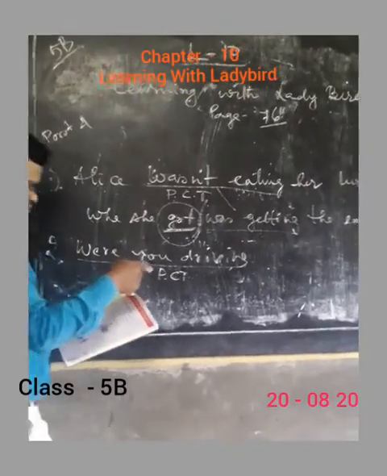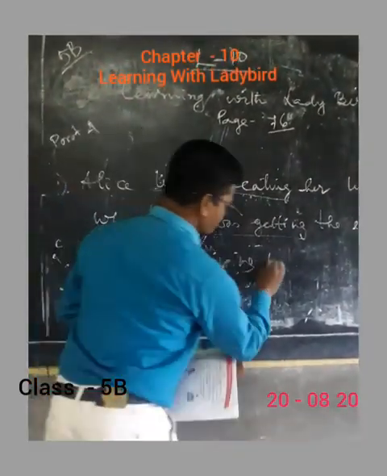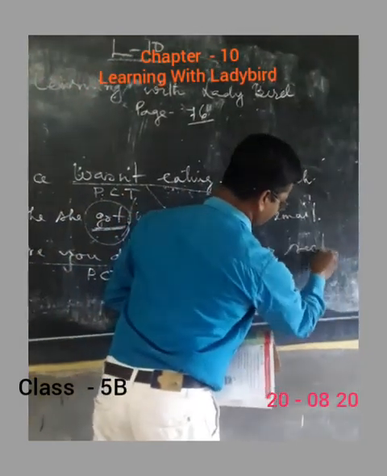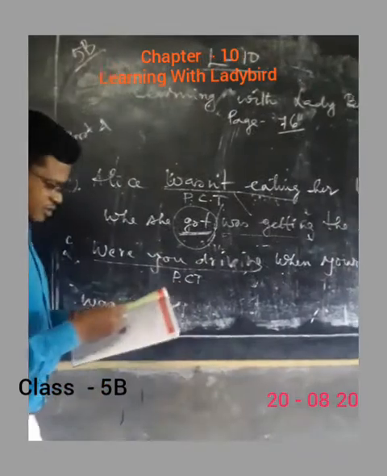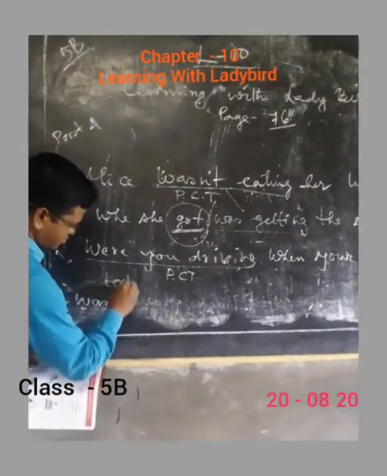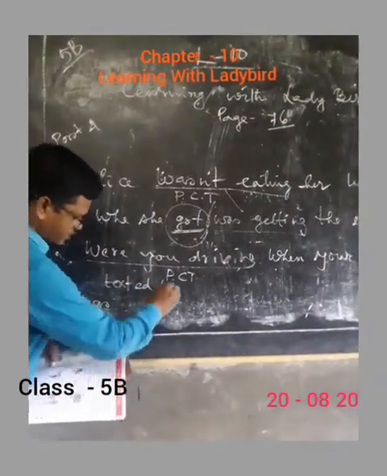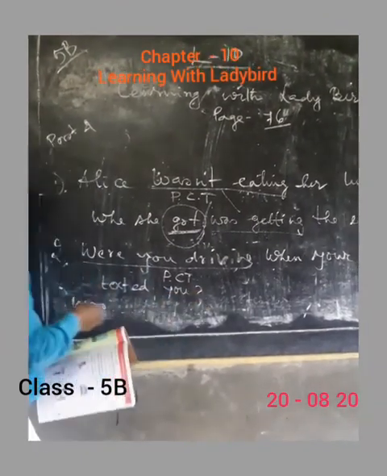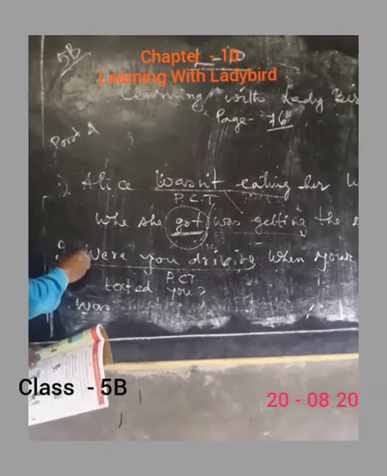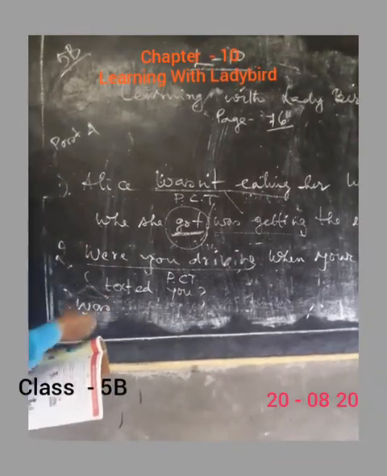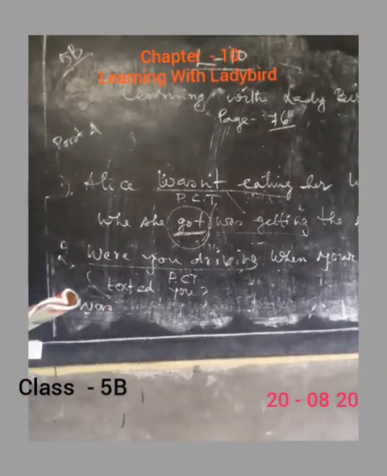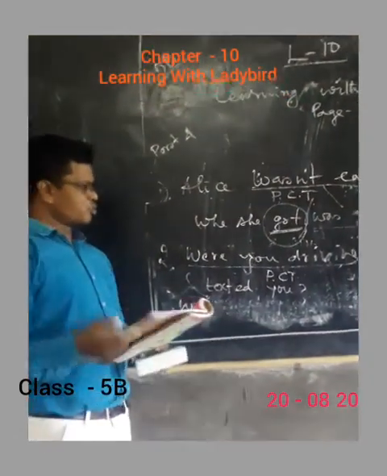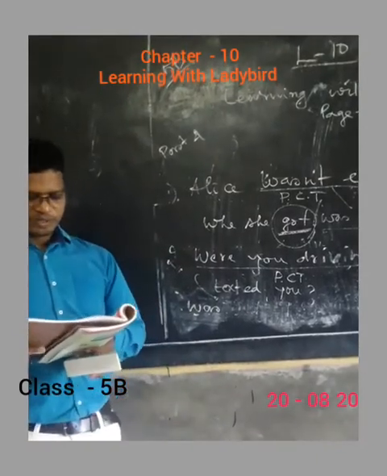So were you driving home when your sister texted you? One has to be past continuous, the other one has to be in the simple past tense. So this is how you can try to write the correct sentences.